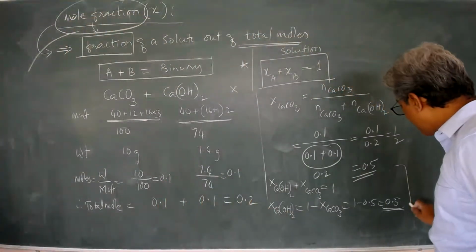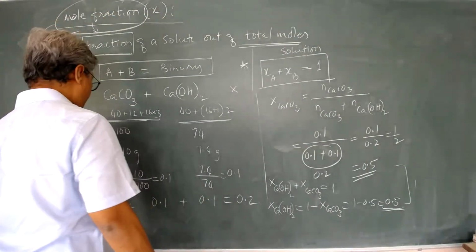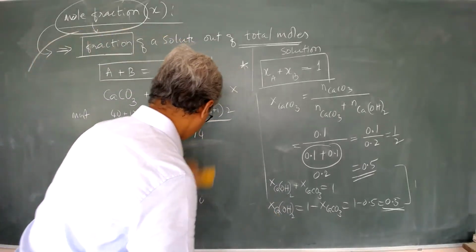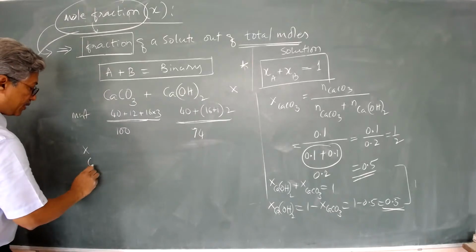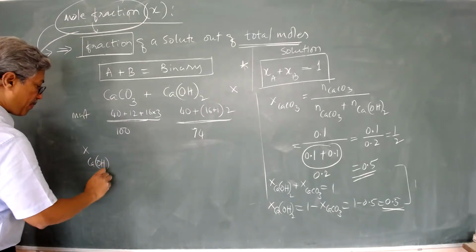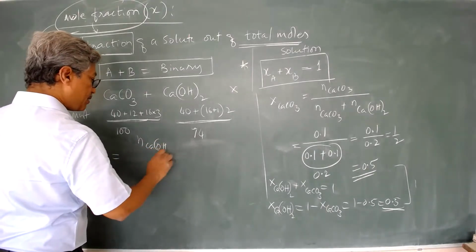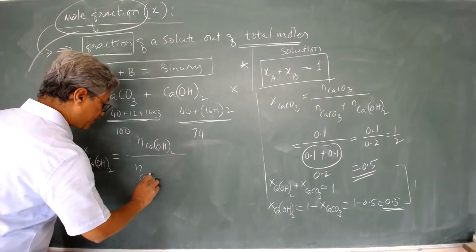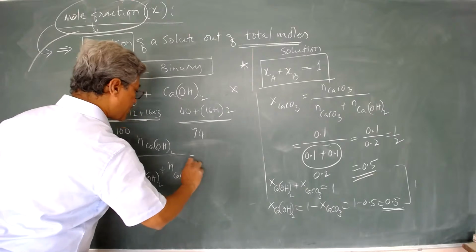The sum of these will be 1 only. Or there is another way of calculating. The usual way of calculating is this. See, the mole fraction of Ca(OH)2 is the number of moles of Ca(OH)2 divided by the number of moles of Ca(OH)2 plus the number of moles of CaCO3.